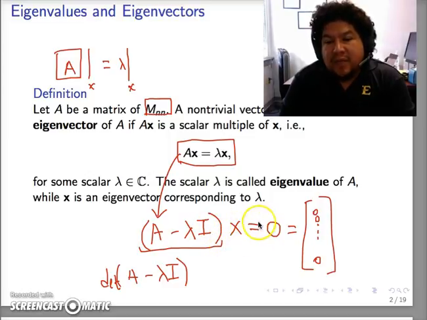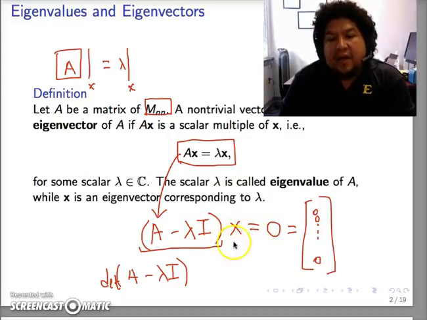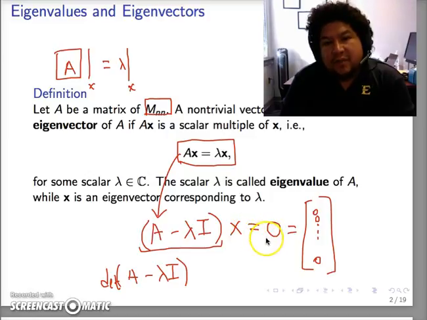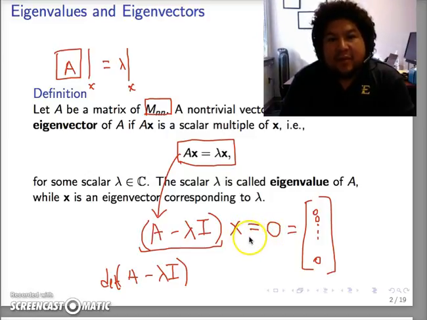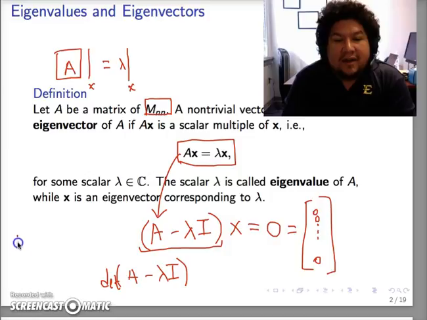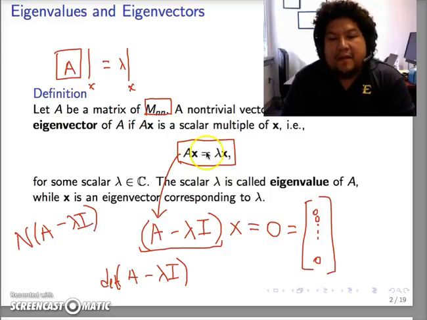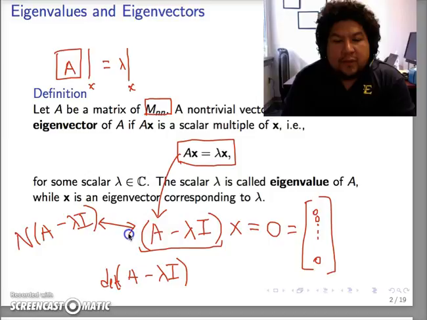This being a homogeneous system, we're asking what are the non-trivial vectors x that solve this homogeneous system. Those would be exactly the vectors that belong to the null space of A minus lambda I. So the eigenvalue problem relates to the null space of the matrix A minus lambda I.